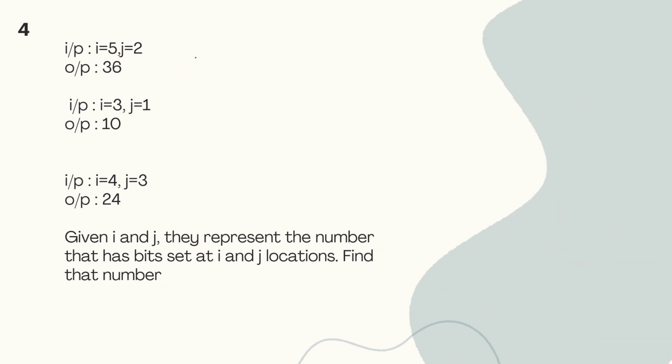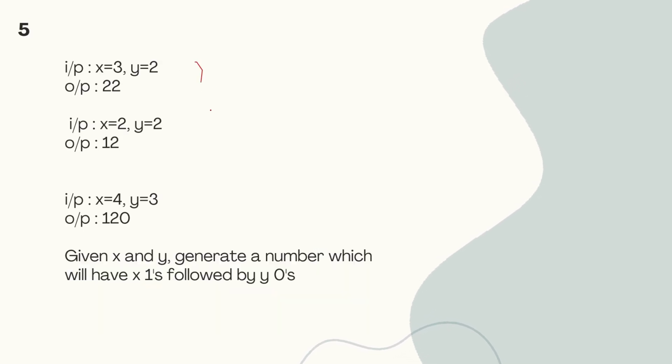So hope you got some basic idea about this problem. It's a very easy problem. You can solve this. So that is the idea of this question, and there is a final question which I can give you as homework. The idea is very simple. Like i and j, you will be given x and y here. You need to find the number which has x ones and y zeros.